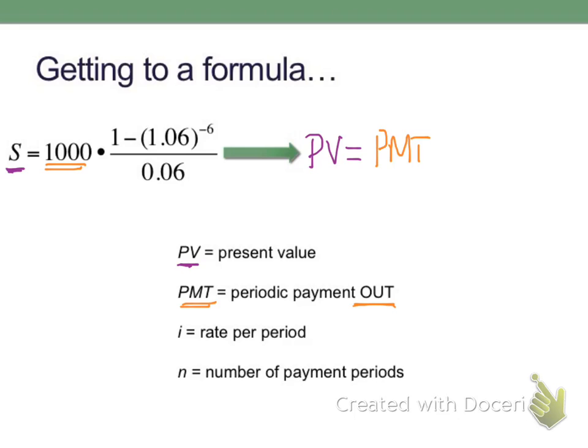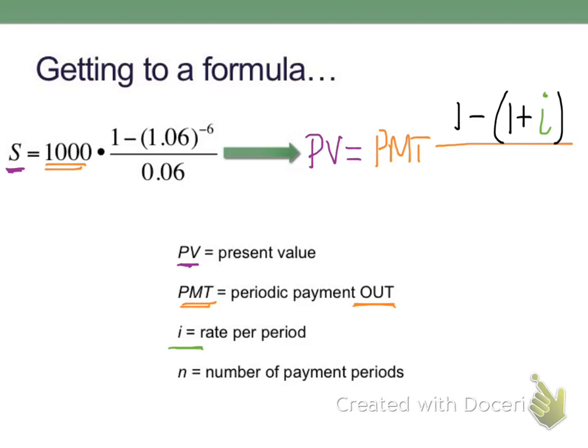And then that's going to be multiplied by the fraction. And in the fraction, I'm going to have 1 minus, and then in parentheses, my parentheses are 1 plus the I. So the inside of the parentheses is still the same.